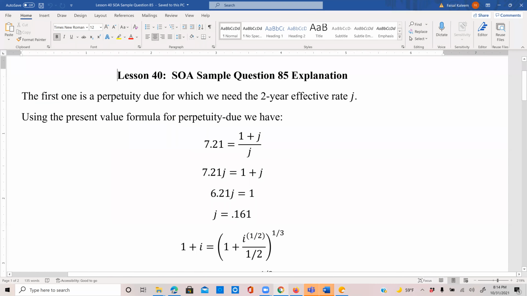Therefore, if we call J the 2-year effective rate, we have the equation present value equals (1 plus J) over J. That's the present value formula for a perpetuity due, where each payment is 1. And so from here, we get 7.21 equals (1 plus J) over J, and J comes out to be 0.161. And now the first bit of information has served its purpose.